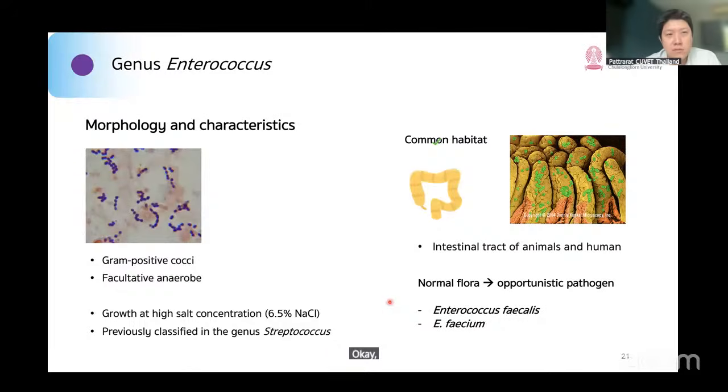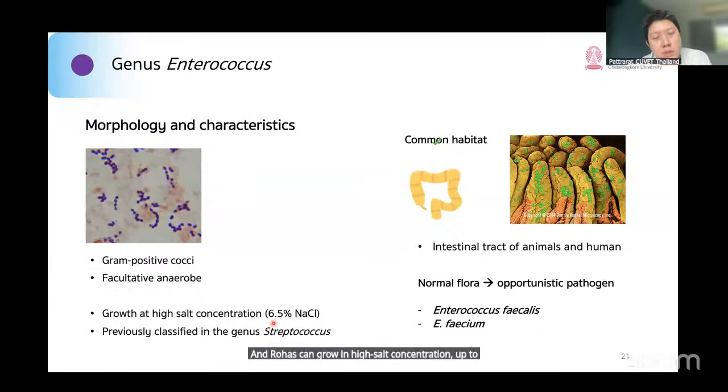Okay, we finished Staphylococcus, and the next is Enterococcus. Enterococcus is also a gram-positive coccus, and it colonizes the intestinal tract of humans and animals. Previously, Enterococcus was a member of Streptococcus, but Enterococcus can grow in high salt concentration up to 6.5%.